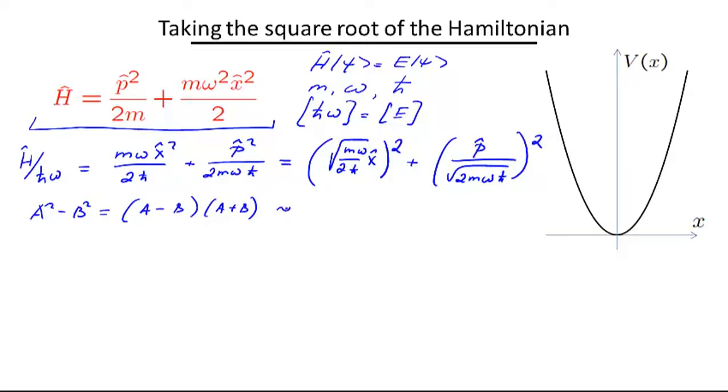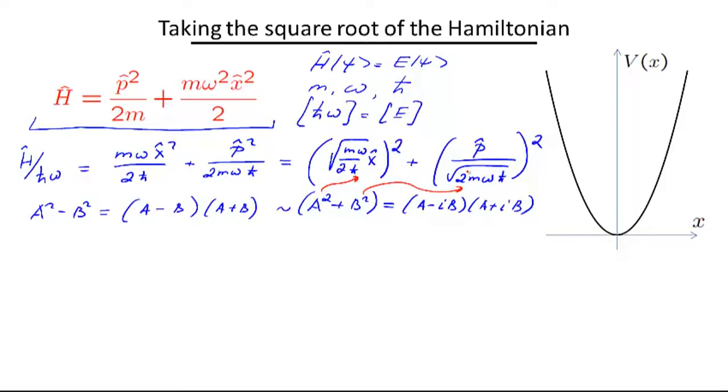Or an equivalent expression involving complex numbers: if we have a squared plus b squared, we can write it as a minus ib times a plus ib. And when we square the imaginary constant, it's going to give rise to the plus sign here. So in this expression, I'm going to associate the first term with a and the second term with b.